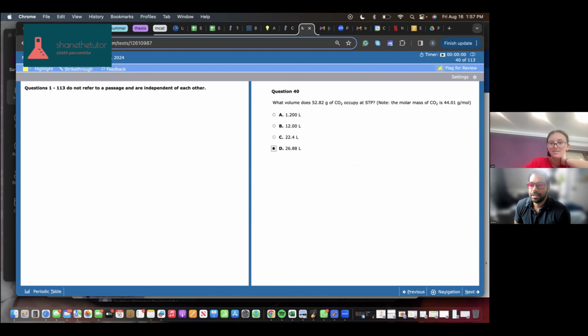So 1 mole of an ideal gas at STP is going to occupy 22.4 liters. So it's just C always. Well, hold up. Of ideal gas.